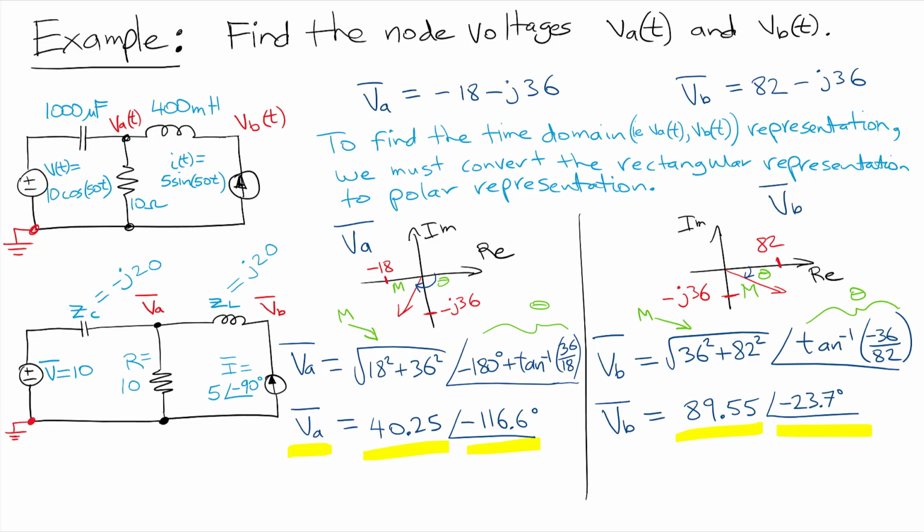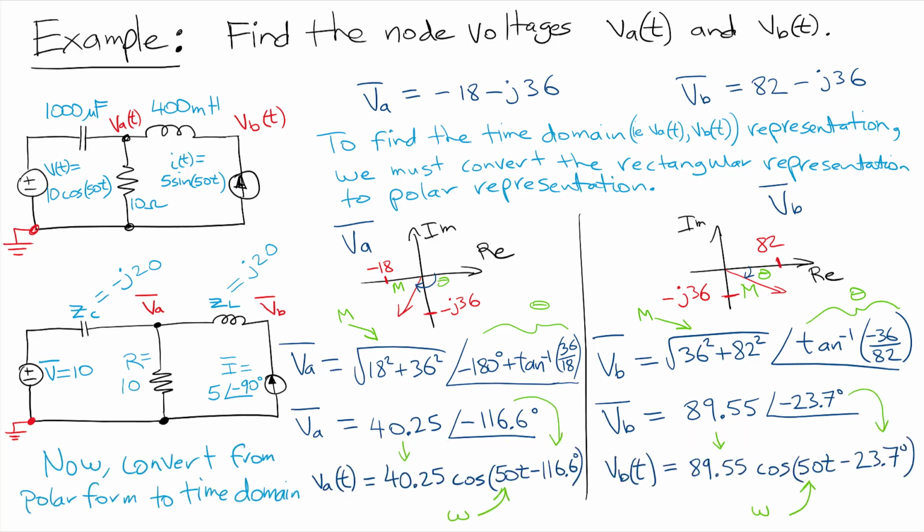Now, the next step is super easy. This is really great. Once we get it in polar form, we can easily write the time domain expression. All we do is bring down the magnitude in phasor form, and that becomes a multiplier in front of the cosine.